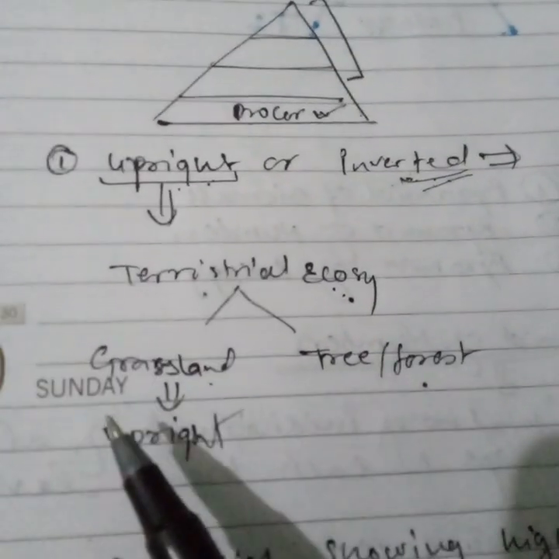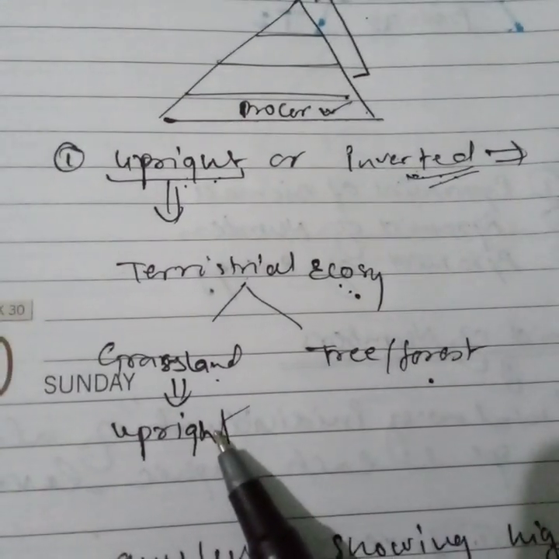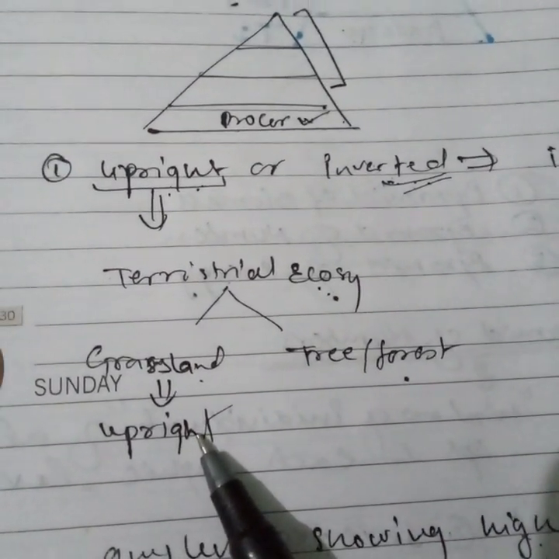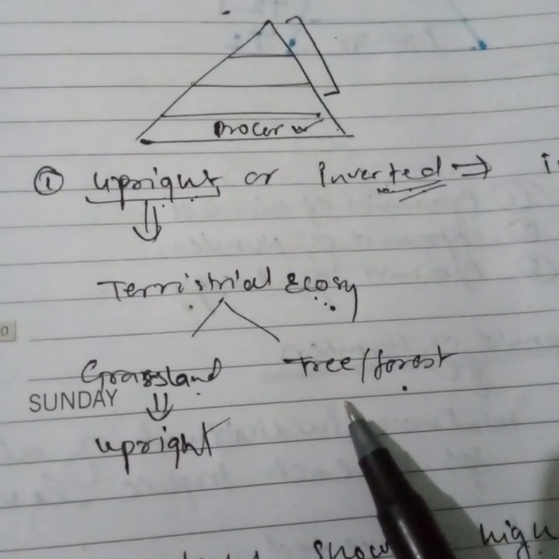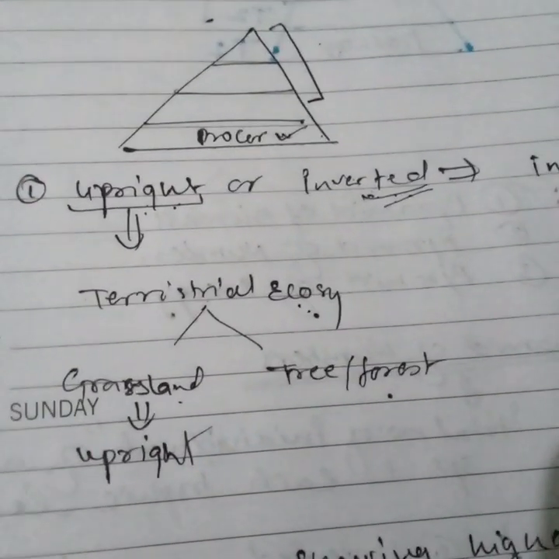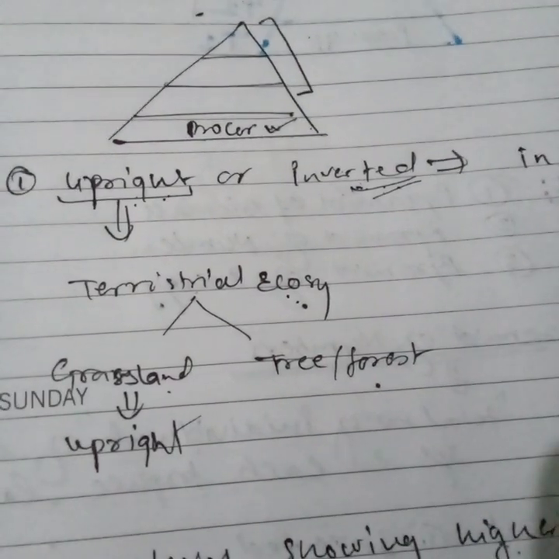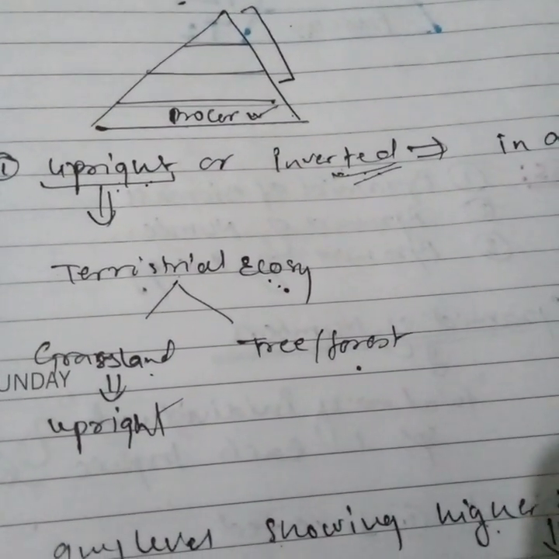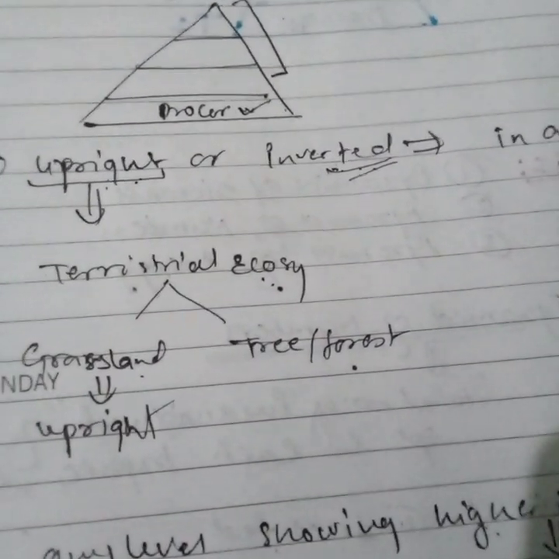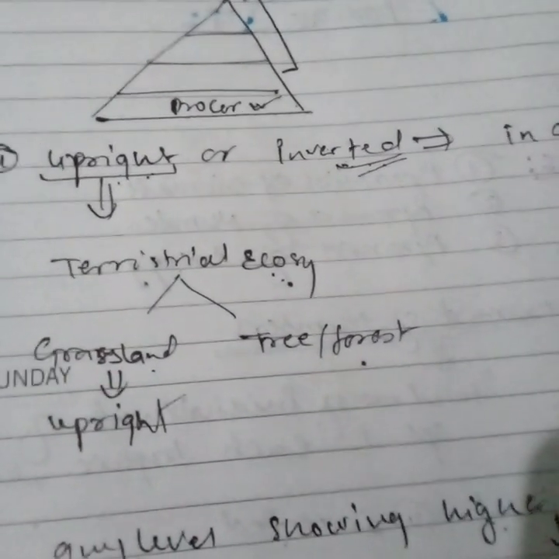But grassland ecosystem always shows the upright. Or when we talk about the forest ecosystem, where few trees are present, the biomass of the tree is less as compared to the other.